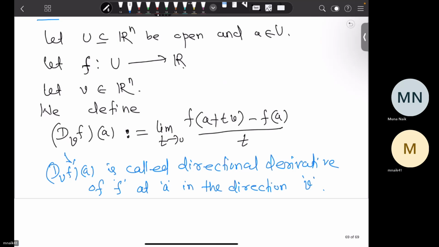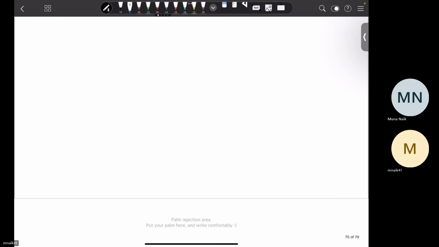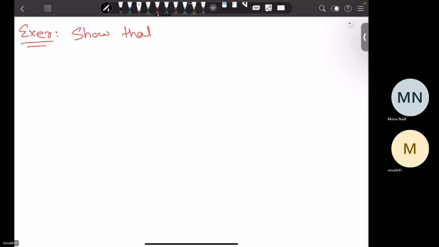Now, a small exercise, so that this thing happens: d_{cv} f(a) equals c times d_v f(a), where c belongs to the real numbers.